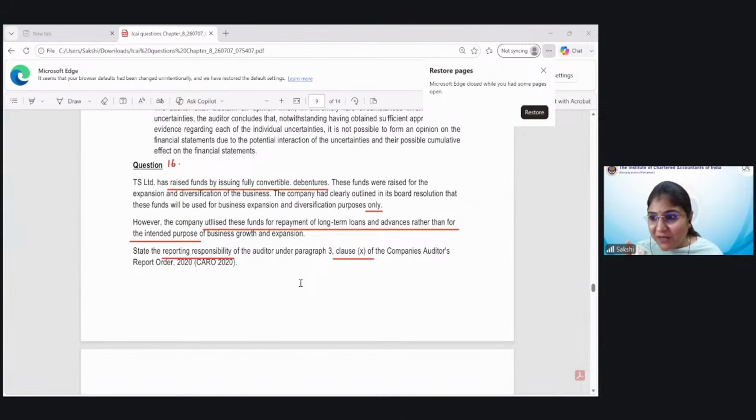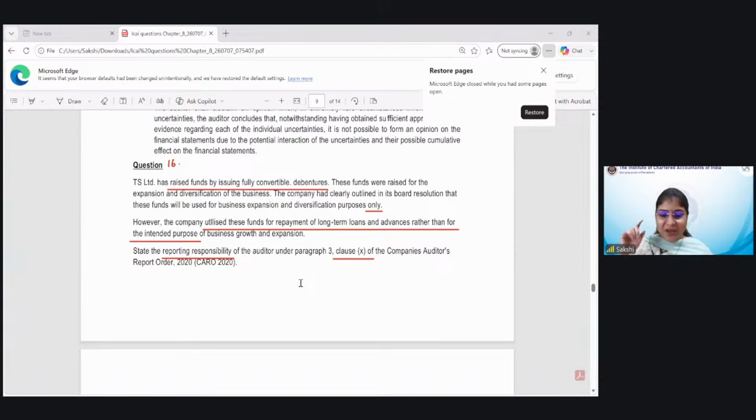Whether the money has been raised by way of IPO or FPO, initial public offer or further public offer, you have to see whether it has been used for the intended purpose or not. If not, then the details together with the delays, default, and subsequent rectification, if any, have to be reported.